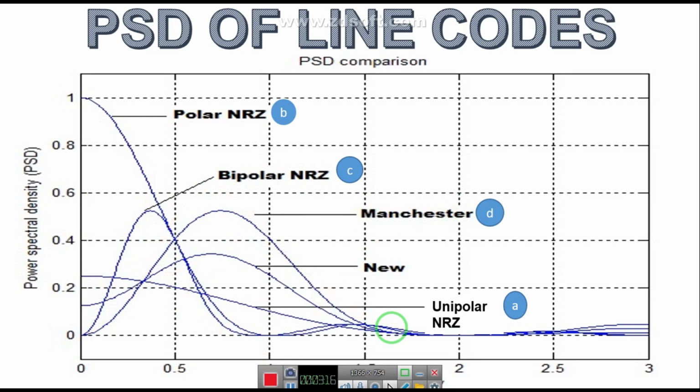So basically, the power spectrum is nothing but a graph of power spectral density plotted on the y-axis against the frequency on the x-axis. It gives you the distribution of power over different frequency components. So there are four important line codes, and these are the power spectra of them.